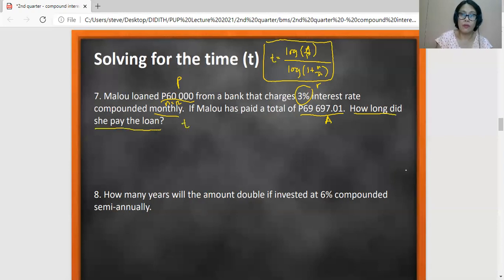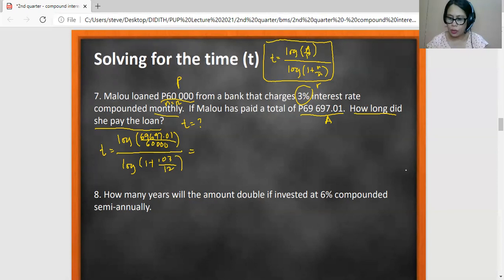So this is solving for T. So T equals the logarithm of the final amount 69,697.01 all over 60,000, all over the logarithm of the quantity 1 plus 0.03 all over 12.